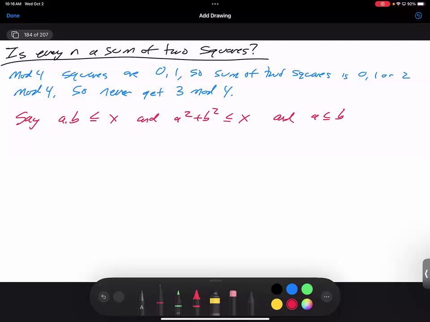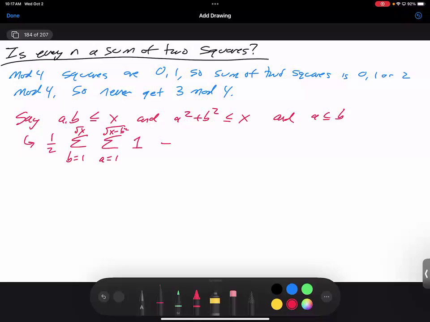And this is the calculation we were doing before. So this is where we got the 1/2, the sum b goes from 1 to the square root of x, and then the sum a goes from 1 to the square root of x minus b squared of 1.